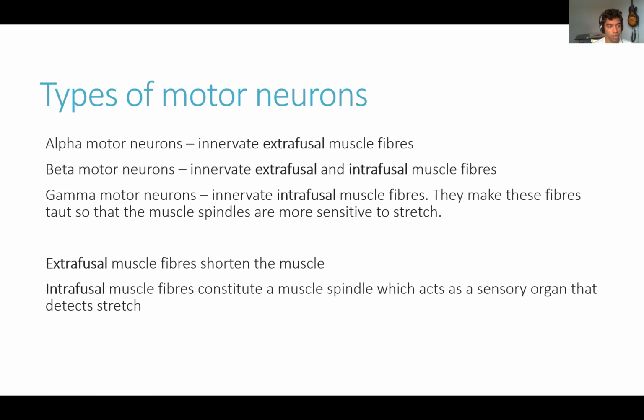It's an efferent muscle fiber, so it causes contraction, but it's not so much to contract the entire muscle. It's more to keep the muscle spindle taut so that we can sense how tight the muscle is. And the muscle spindle is kind of a receptor in that sense. So the important ones are alpha motor neurons, which innervate extrafusal, and gamma, which innervate intrafusal.